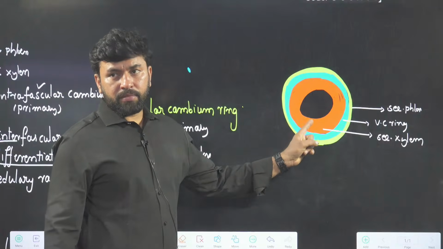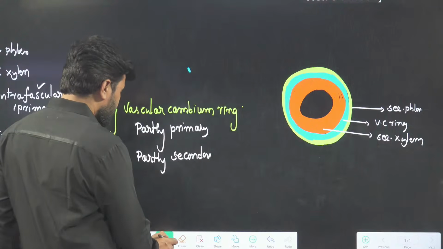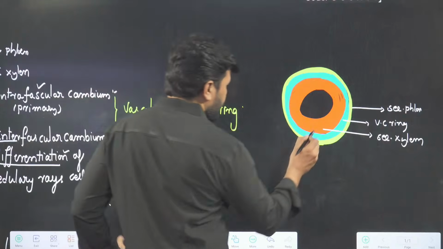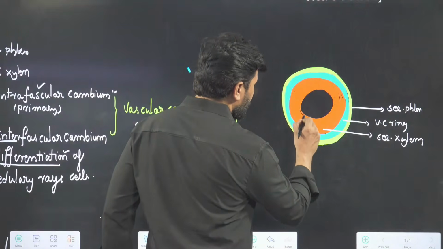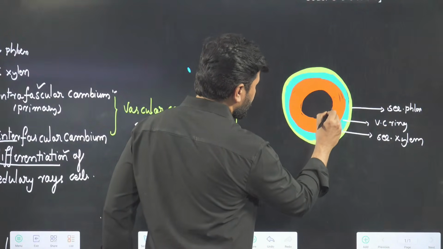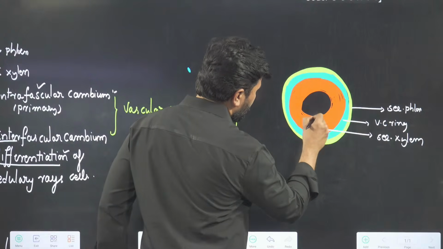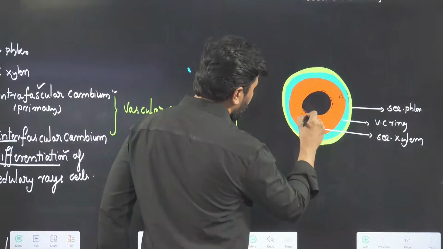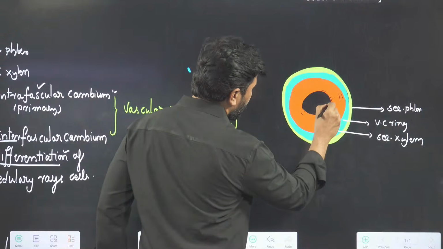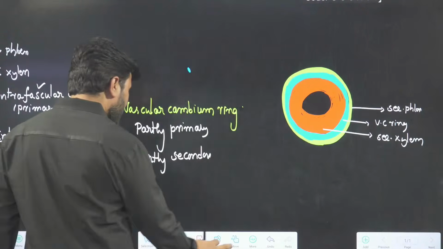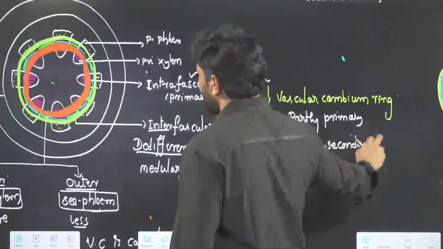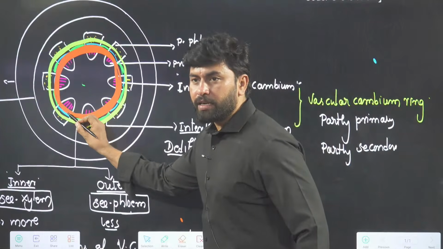Secondary xylem is developing gradually and it is making the inner side area slowly decrease. Could you notice that? It is making the inner area slowly disappear. But actually, the inner side area, this is secondary xylem.